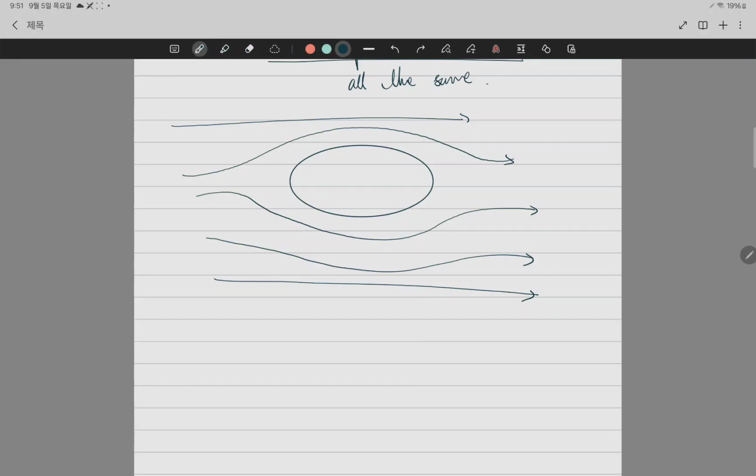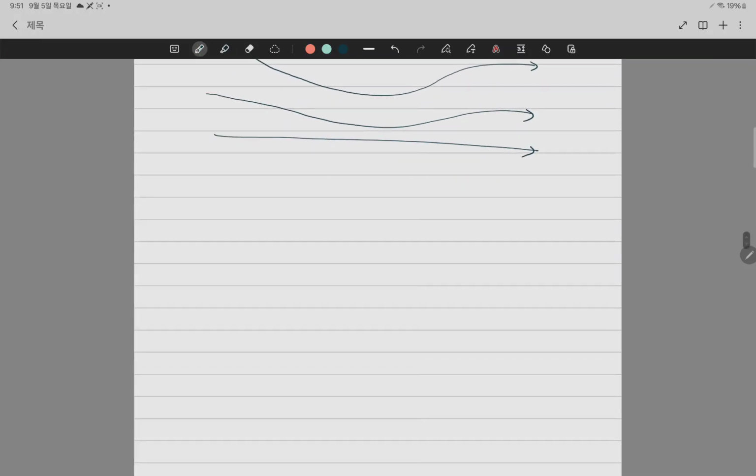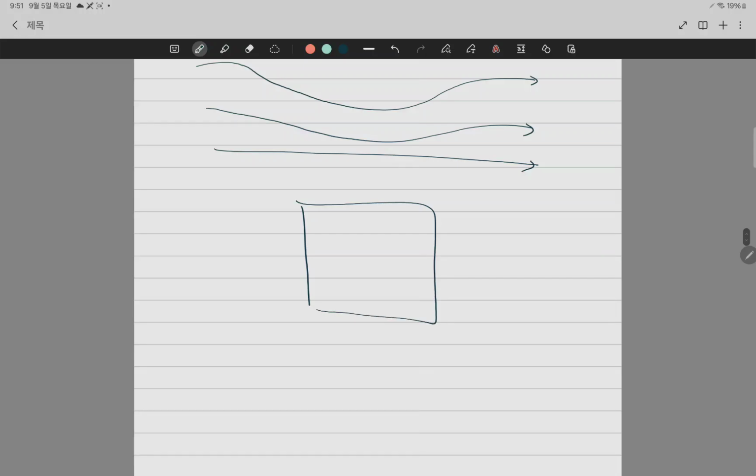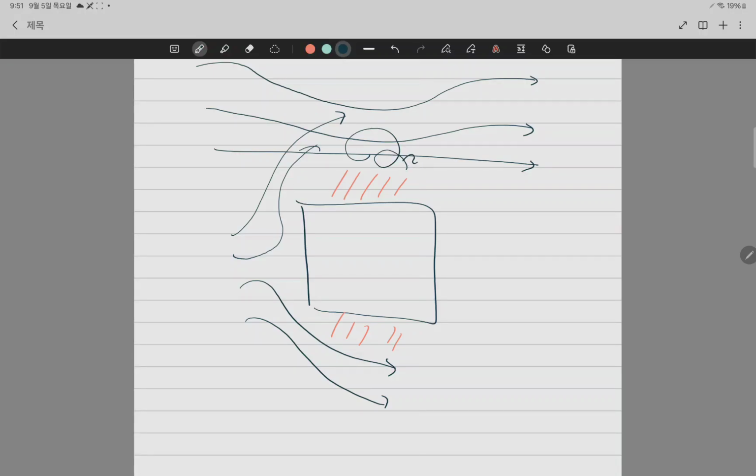And when these objects look like this, the streamlines would form in a very odd kind of way, right? In fact, there will be a very low pressure zone over here, and all the streamlines would get messed up. You could actually create turbulence around here.